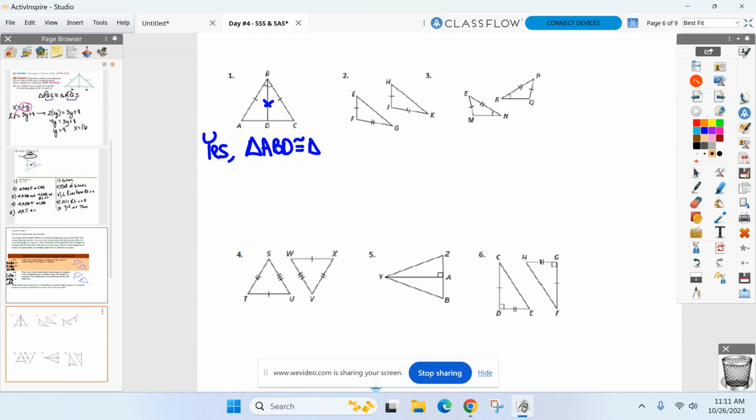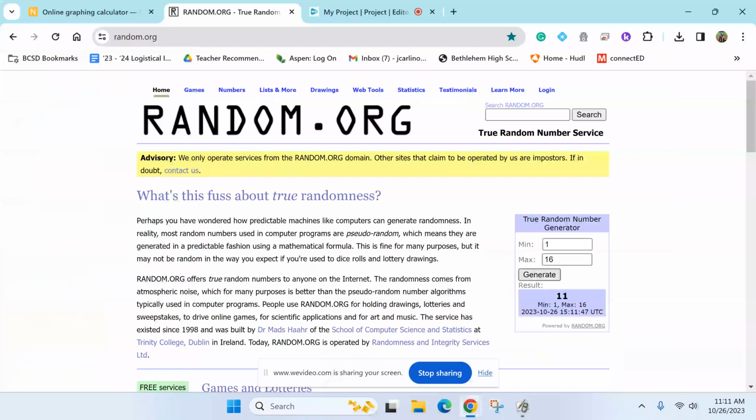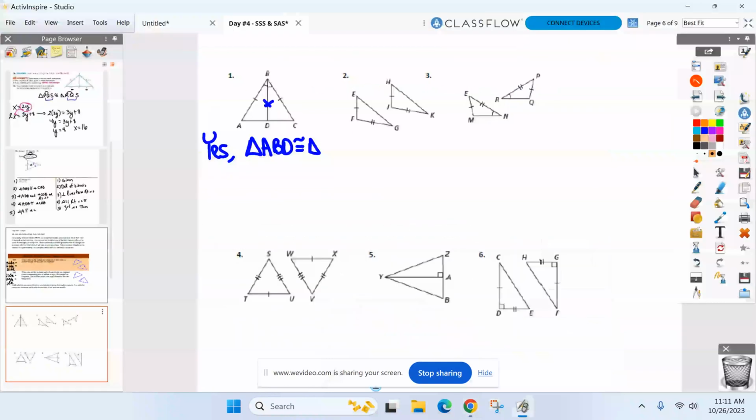If we call the first triangle ABD, the second triangle will be called CBD, good job. And the third part of these problems is by what method? What reason? You only have two. SAS, side, angle, side. Does everyone see the side, angle, side?